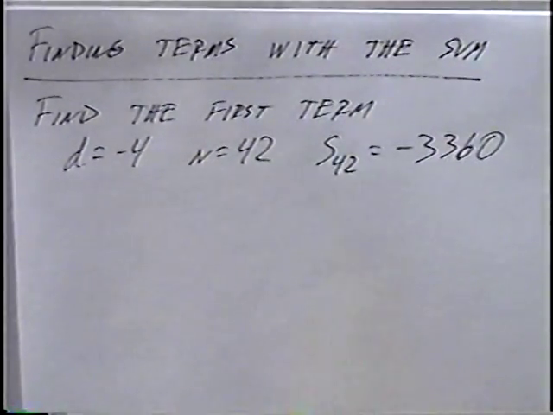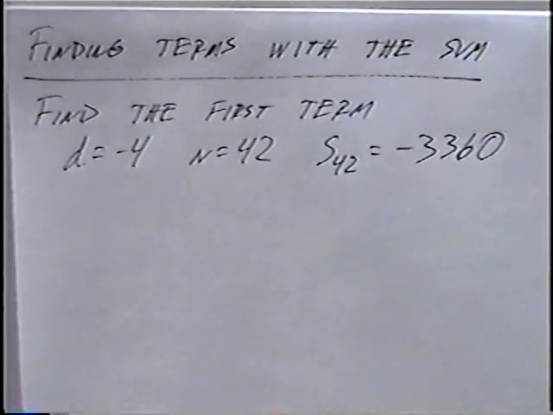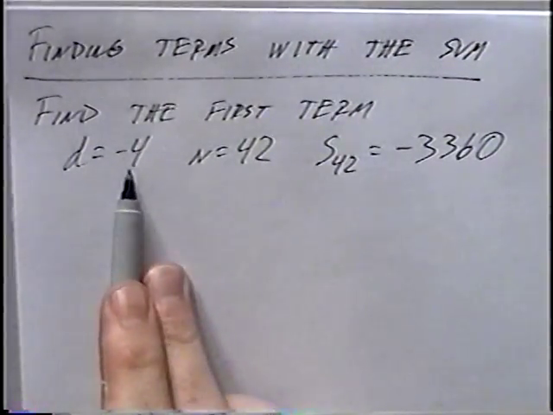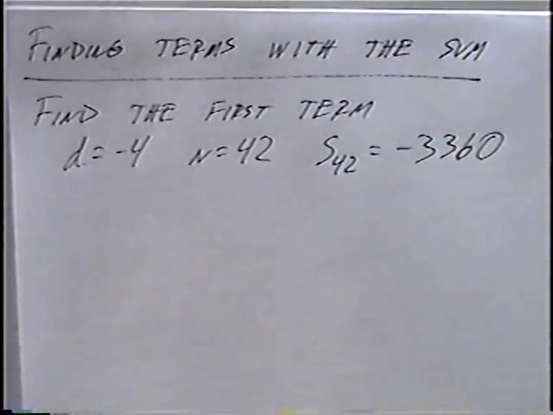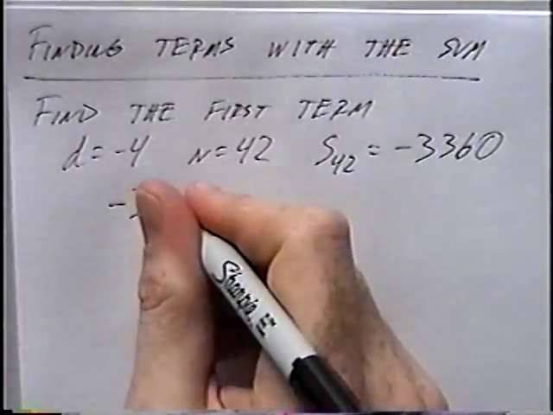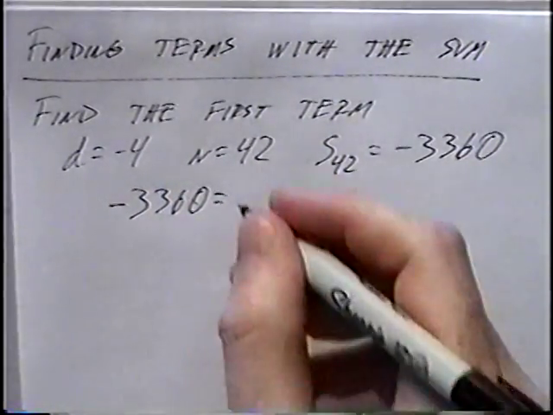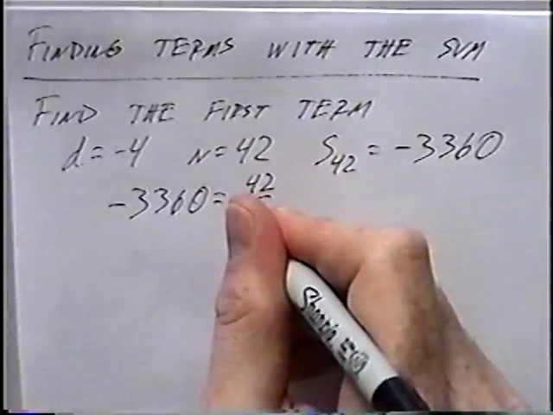Using the sum, again we have two formulas that we can use when given the sum. In this case we have the difference is -4, so we want to use the second formula that has the difference in there. S sub 42, the sum, is -3,360 equals n over 2, n is 42, divided by 2.